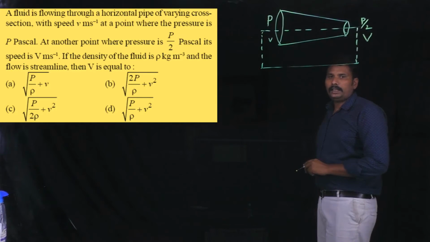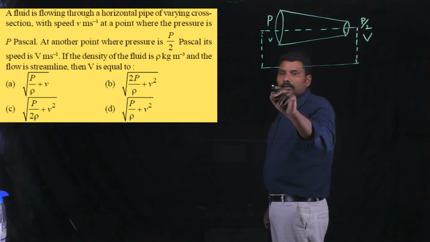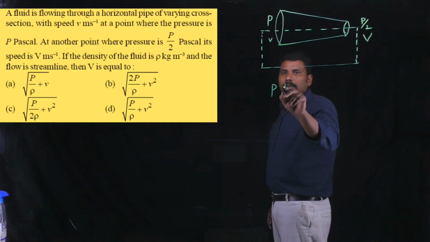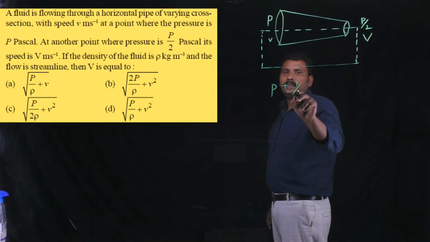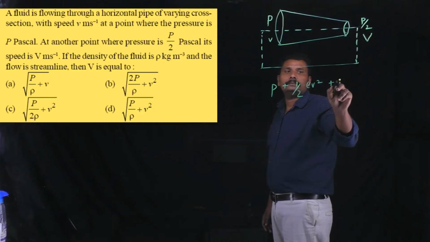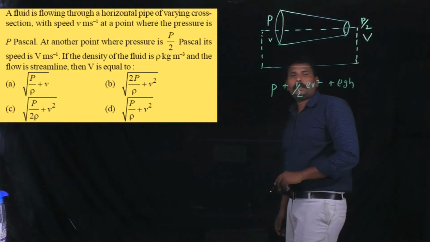According to Bernoulli's theorem, the sum of pressure energy, kinetic energy and potential energy per unit volume remains constant.